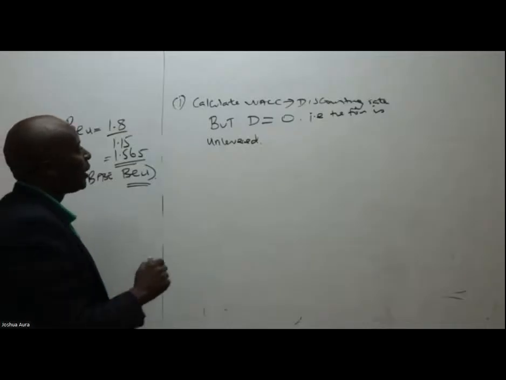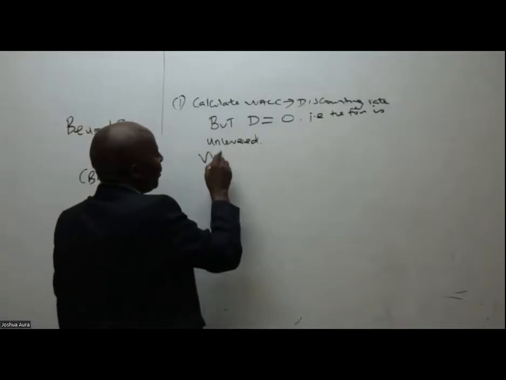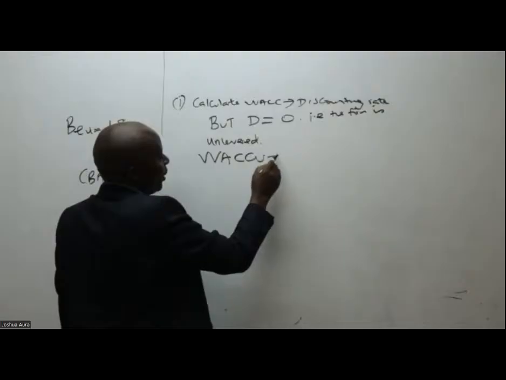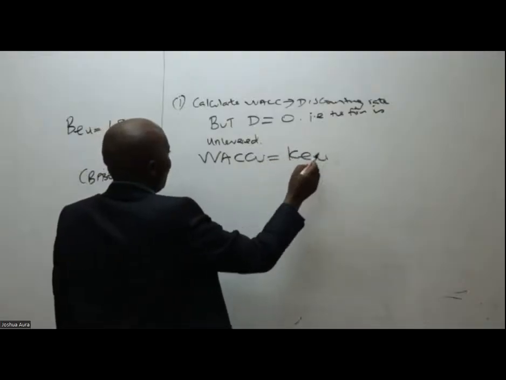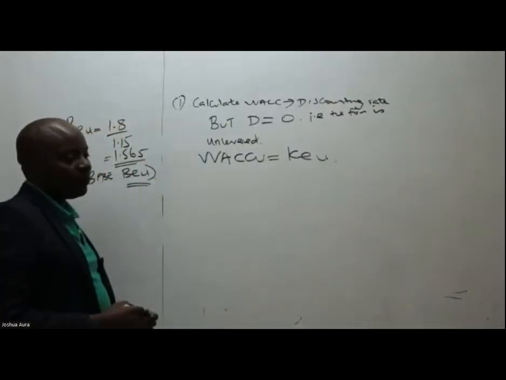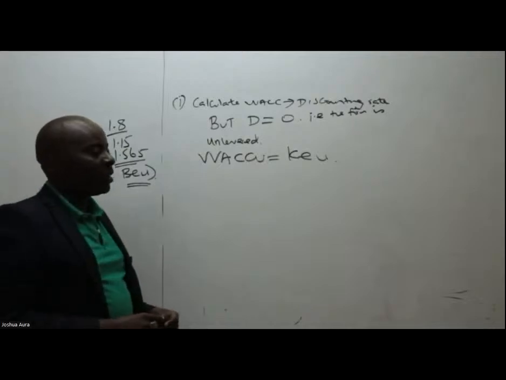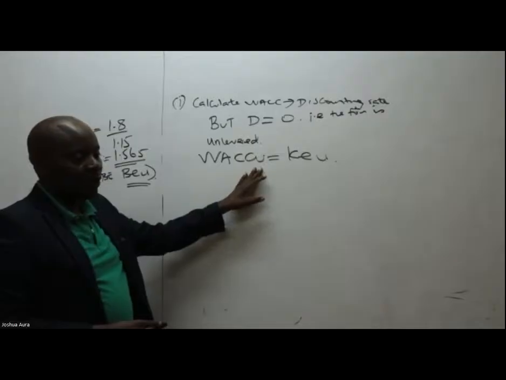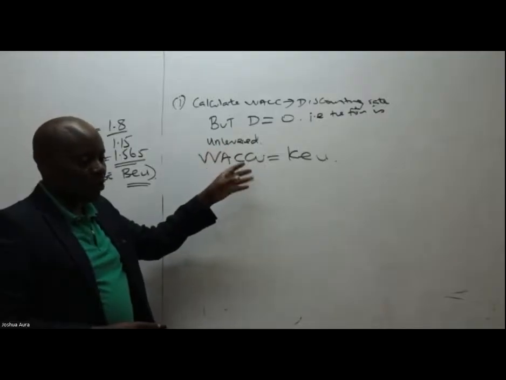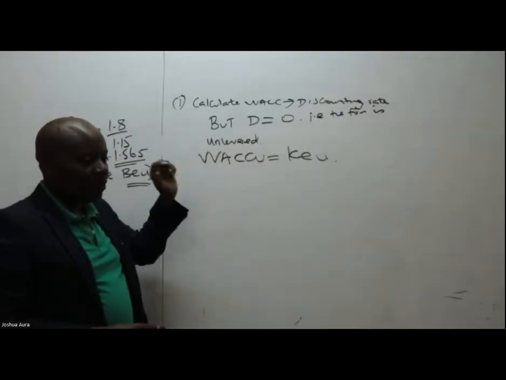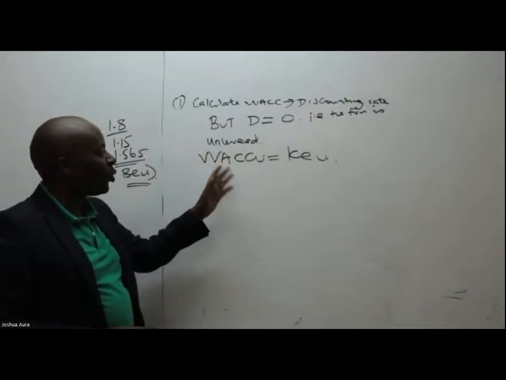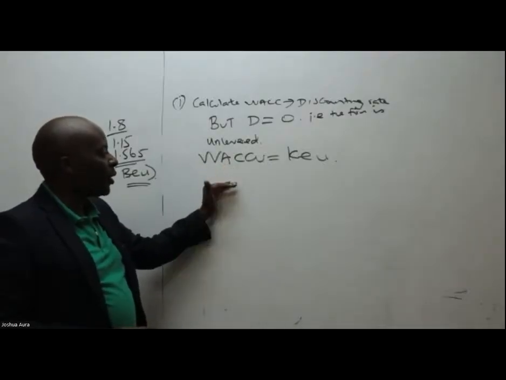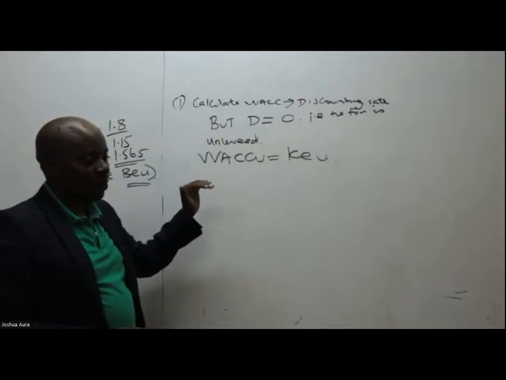If it's unlevered, remember in this case, ladies and gentlemen, what we used to call WACC U equals Ke U. Very, very important. If it's unlevered, then the weighted average cost of capital of an unlevered firm will always be equal to the cost of equity of an unlevered firm. Some students sometime back told me otherwise, but no, WACC U equals Ke U.